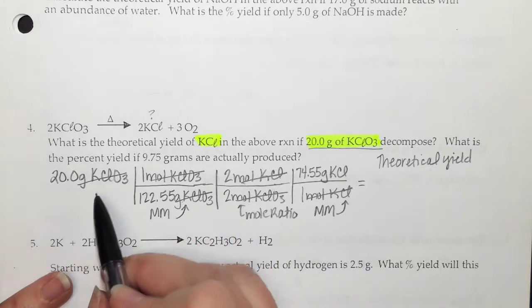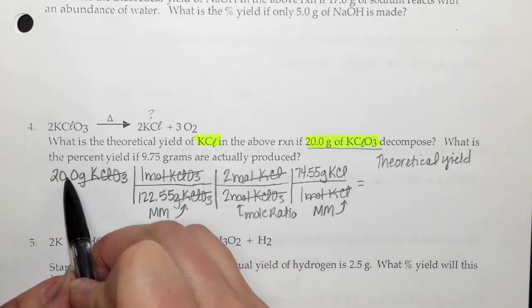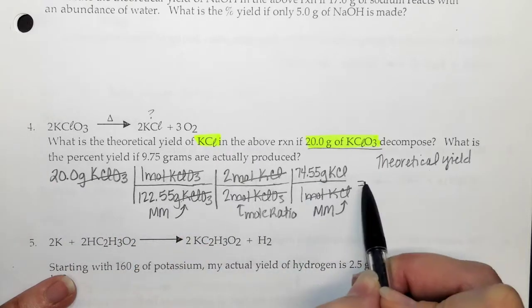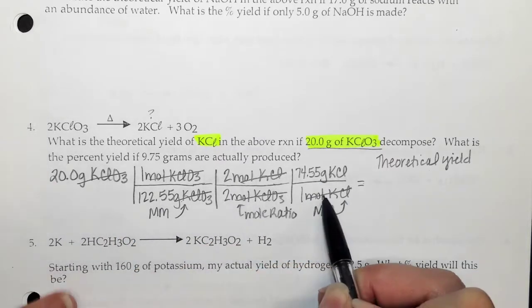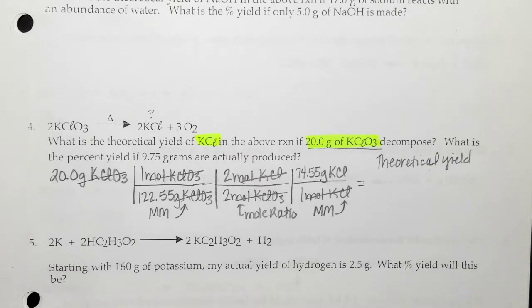All we need to do to calculate that is multiply, multiply, multiply, multiply equals divide, divide, divide. So let's grab your calculator and make sure everyone can get this answer. 20 times 1 times 2 times 74.55 equals, divided by 122.55, divided by 2, divided by 1.